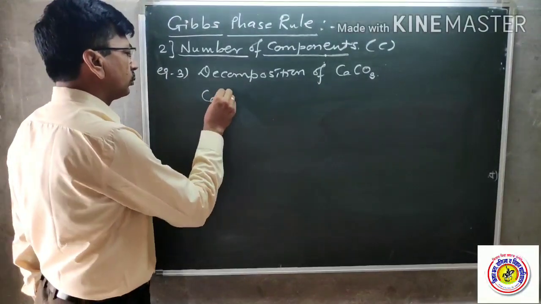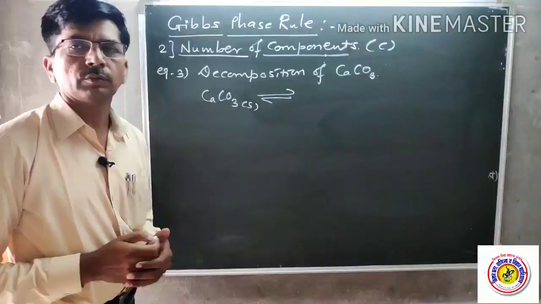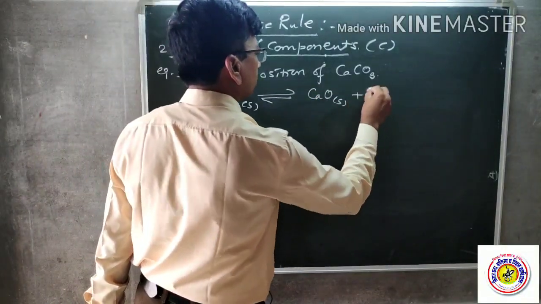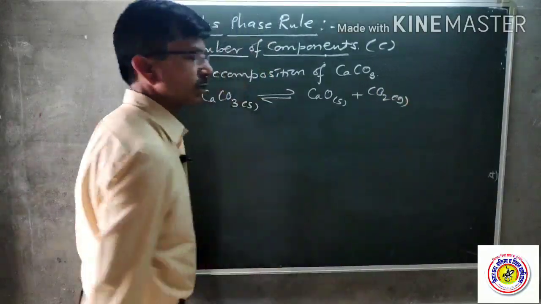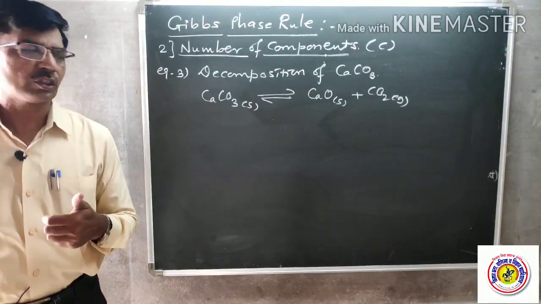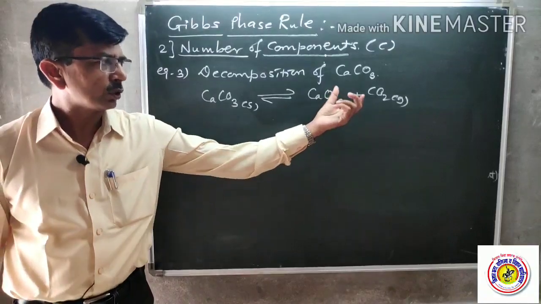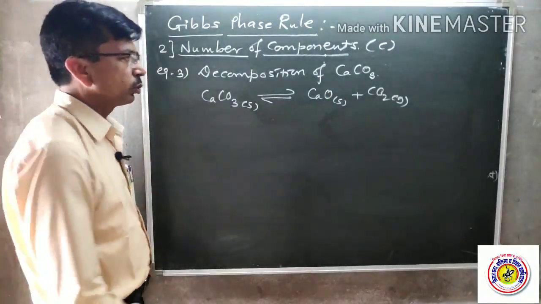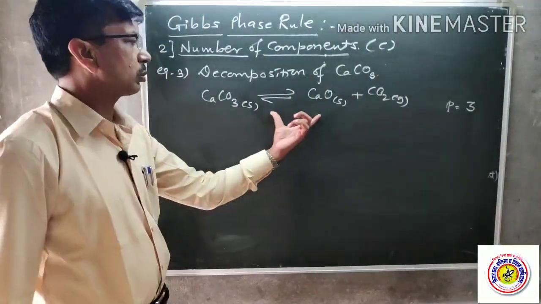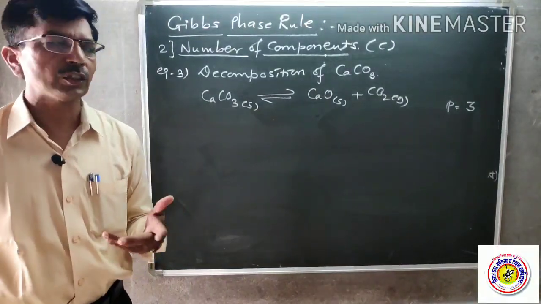When calcium carbonate is heated in a closed vessel, it gives calcium oxide and also CO2 gas. The phases in the system are CaCO3 in solid state, calcium oxide in solid state, and CO2 in gaseous phase. So this system has three phases, two in the solid form and one in the gaseous form. But the composition of each phase is different.